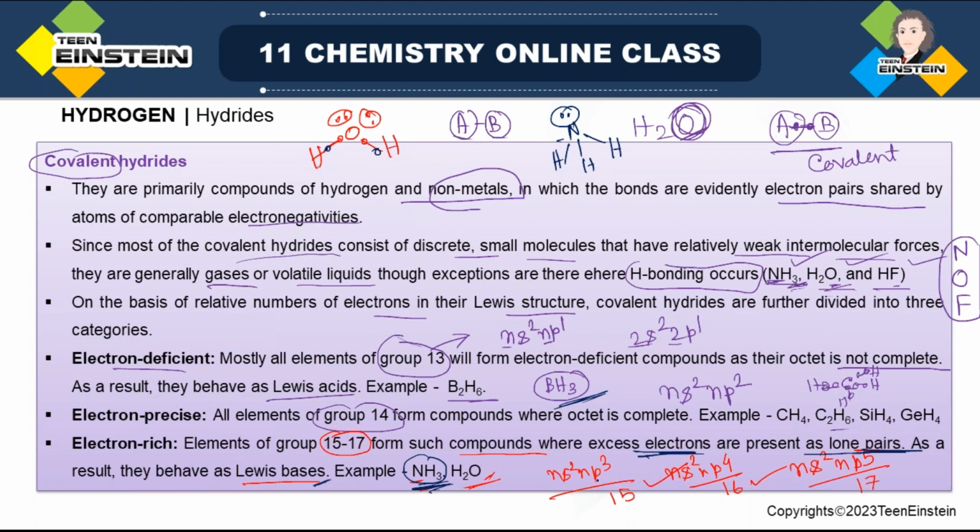Now octet exceeding is possible only for those elements where a d block is present. For example, the next element of nitrogen is phosphorus. If I consider the molecule PCl5, then you can see there is an excess of electrons. But basically we are not talking here about compounds with other elements; we are talking about hydrogen only.